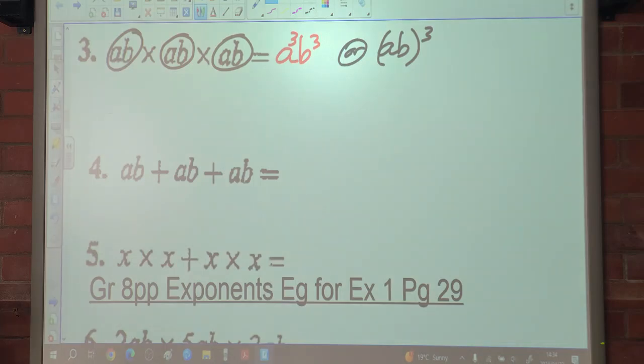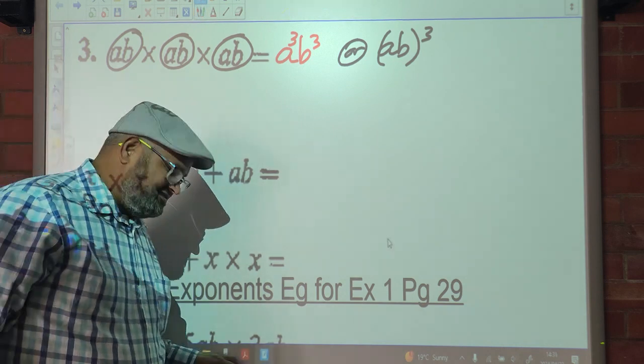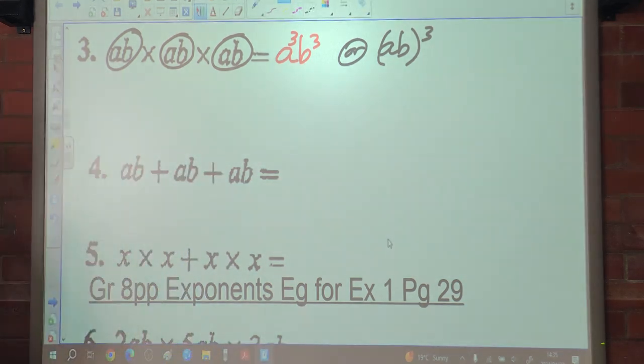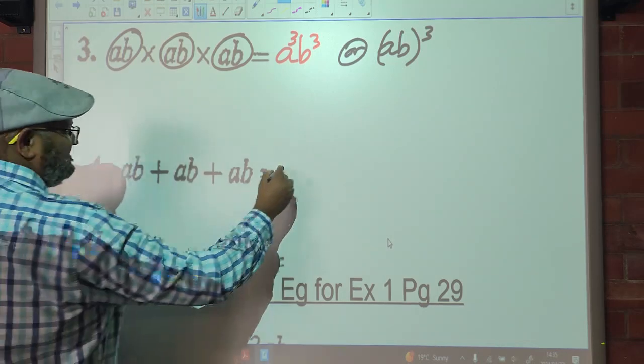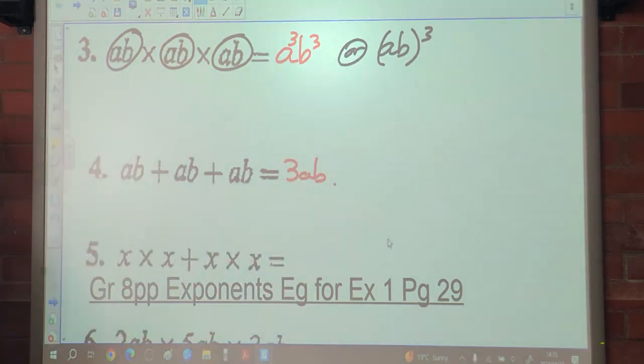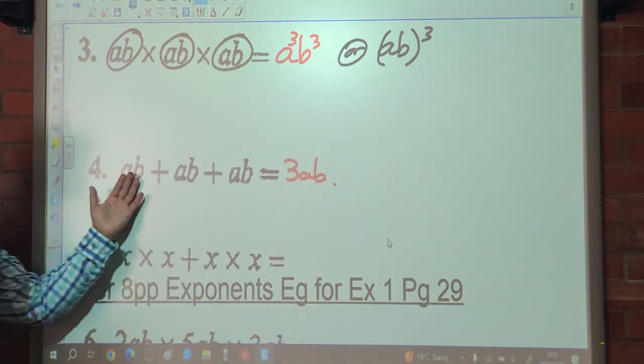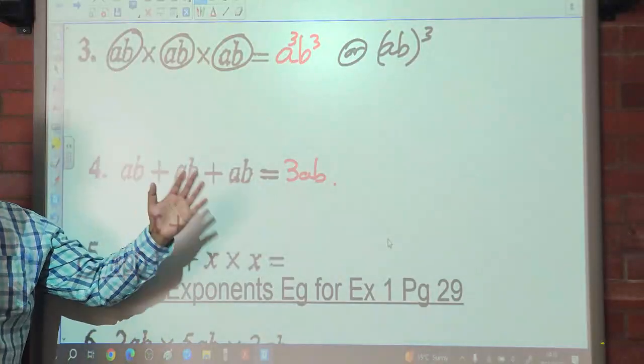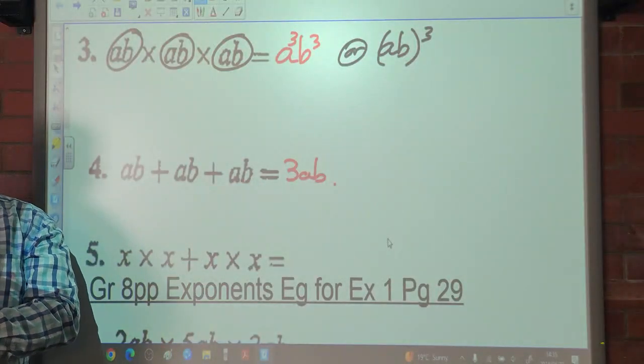Okay, so what is AB plus AB plus AB? It's 3AB. Nice. Any confusion there? The rule says when we're adding and subtracting, the variables stay the same. Do you guys understand that?